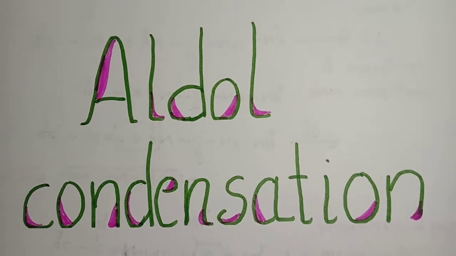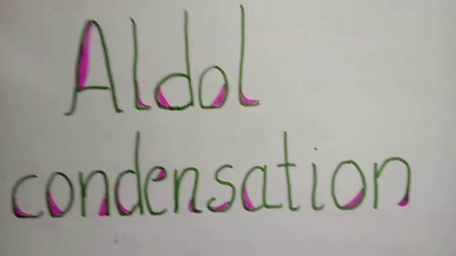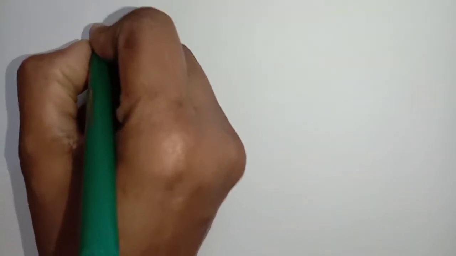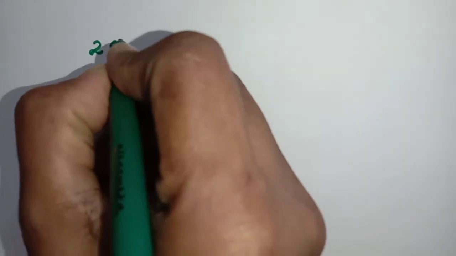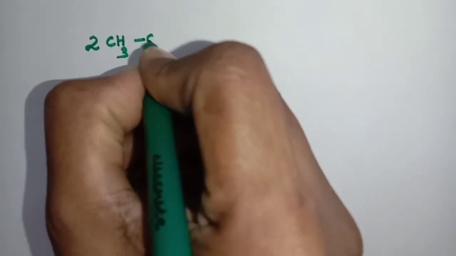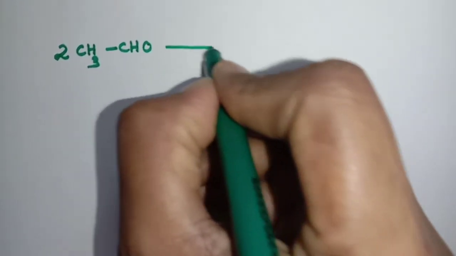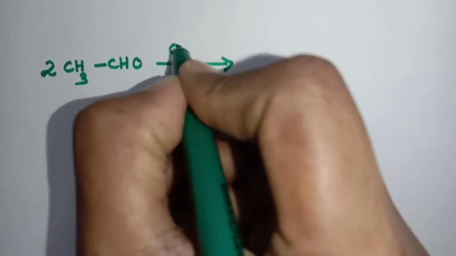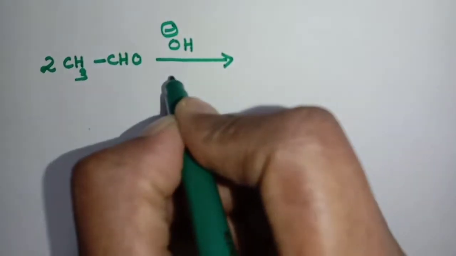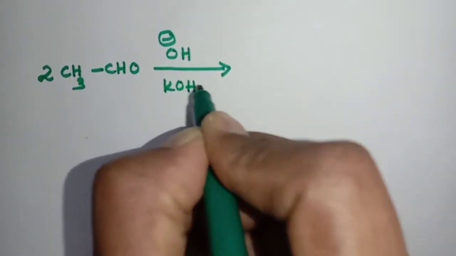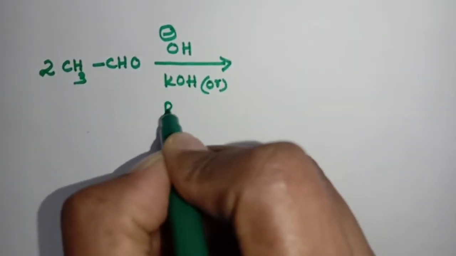Next, I am writing the reaction here. Write down the reaction. Two molecules of CH3CHO in the presence of a base. Let it be KOH or barium hydroxide.